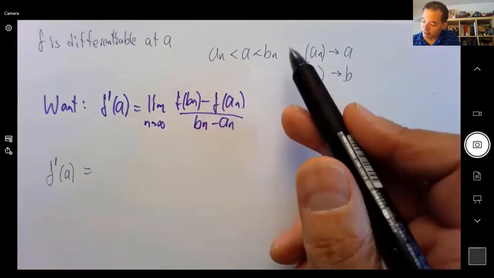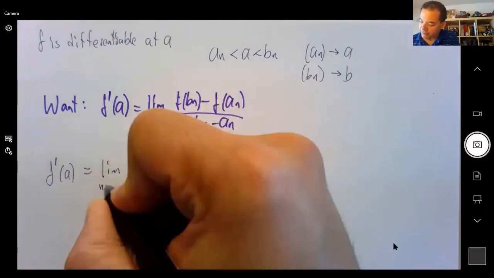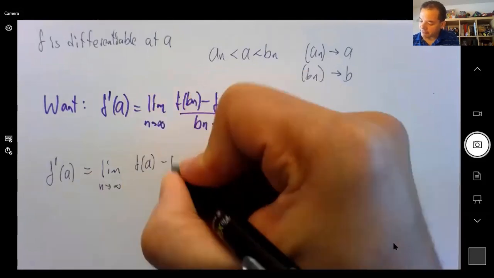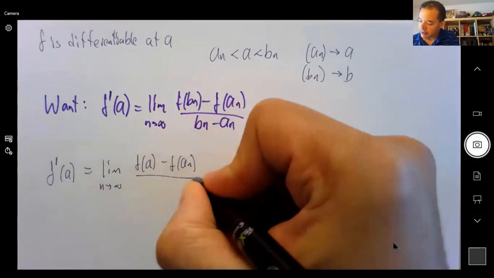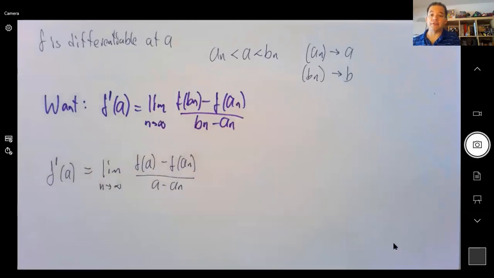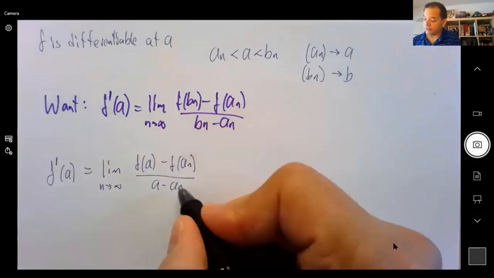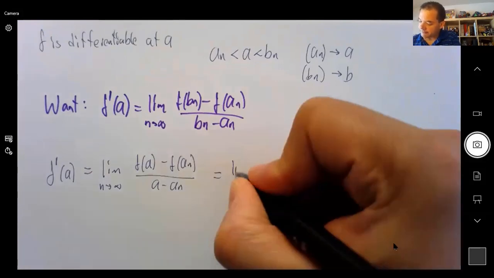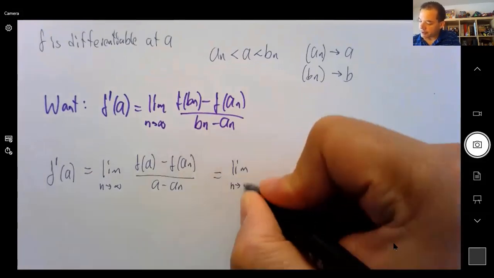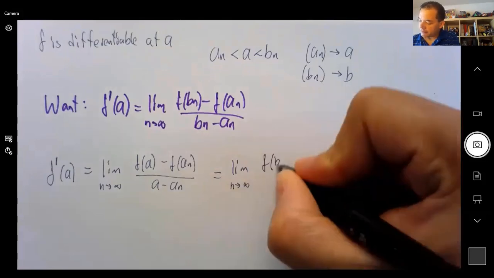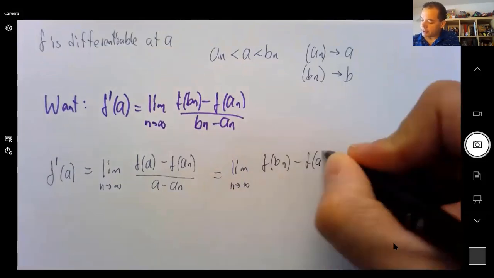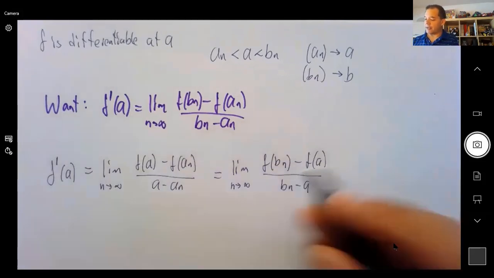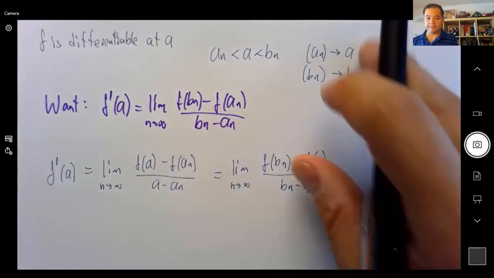So we can do the limit when n goes to infinity of f of a minus f of an over a minus an. We know this is true because an approaches a. And we also know it with the b sequence: f of bn minus f of a over bn minus a. We know this is true because both an and bn approach a.